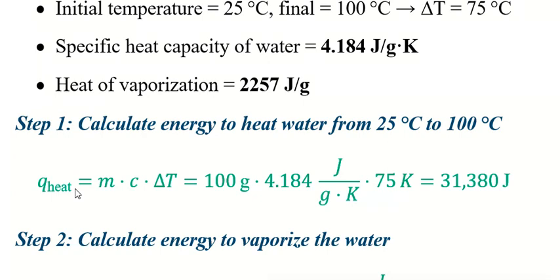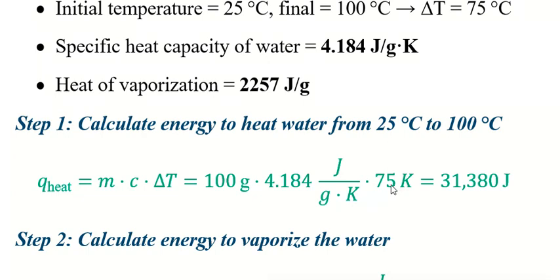The formula is very easy. Heat is equal to mass multiplied by the specific heat capacity of water and the change in temperature. What is the mass of water? 100 gram. What is the heat capacity of water? 4.184 joule per gram Kelvin, and the change in temperature is 75.